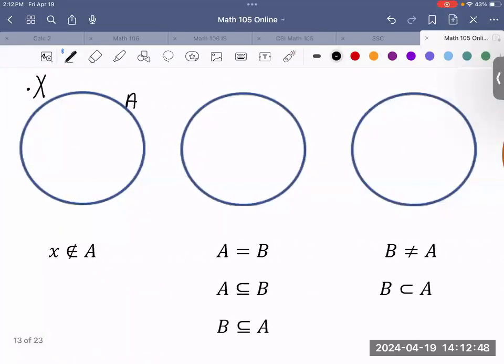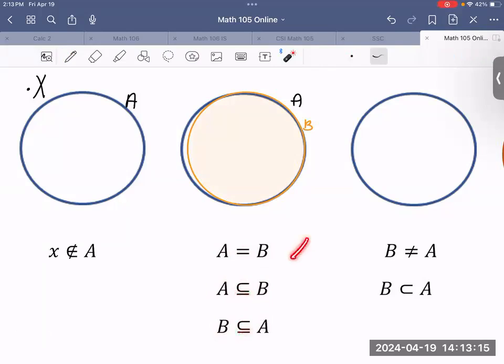So in our next one, if A is equal to B, then A is a subset of B, and B is a subset of A. So if this is A here, B is going to be the exact same circle containing the exact same elements. Now, just think about this little equal sign.